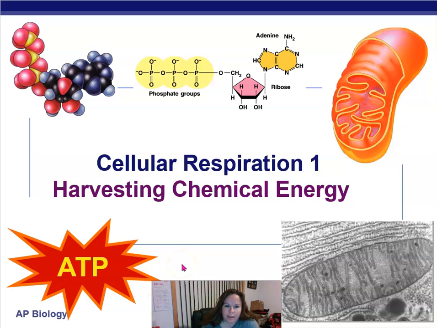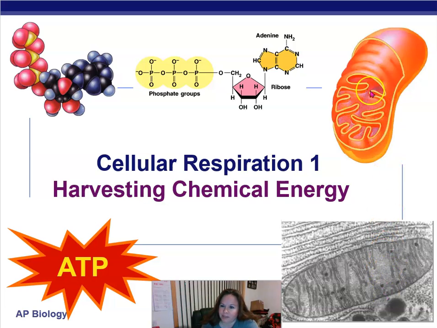Hey everyone, last time we talked about ATP, right? The adenine with the ribose and the 3-phosphate groups connected to the 5' carbon on the ribose, all of that making ATP, our fabulous energy molecule of the cell made in the mighty mitochondria.